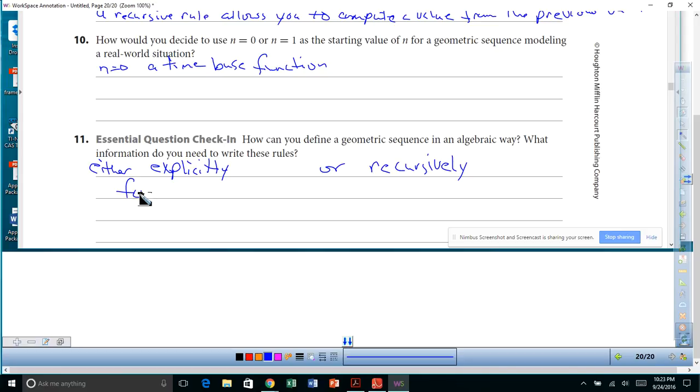Explicitly, f of n equals a times r to the n if you're starting at 0, or f of n equals a times r to the n minus 1 if you're not. Recursively, f of 0 equals a, or f of 1 equals a, and then f of n equals f of n minus 1 times r for n greater than or equal to 1.